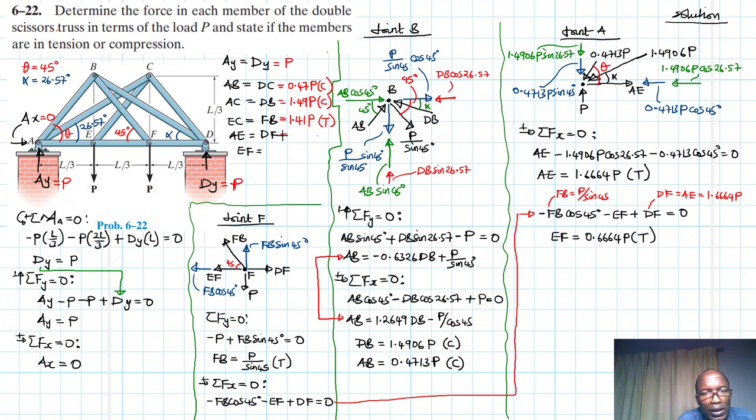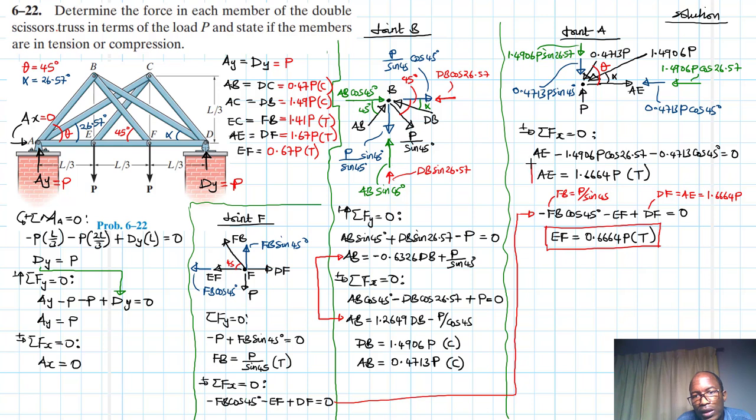All right, and then AE, where is our AE? AE is equal to FD. AE, we just calculated, is 1.67P, and it is in tension. And then finally EF is just equal to 0.67P, and it is also in tension. Great. So let me just outline again these final solutions.